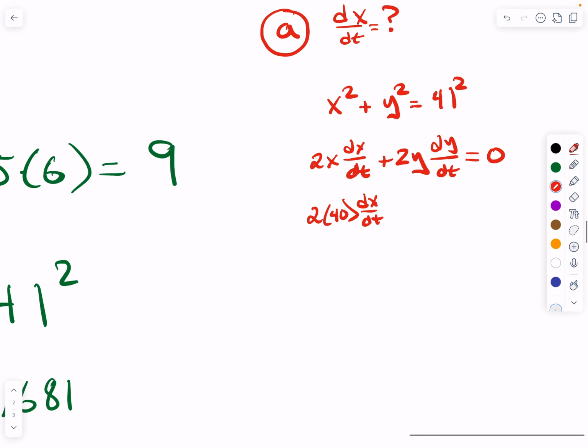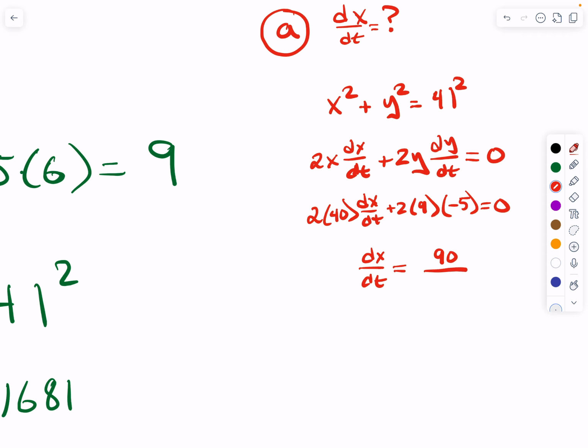So this will be plus 2 times y times -5 feet per minute. Then we're going to just solve for dx over dt. So this is going to be 2 times 5 is 10, times 9 is 90, over 80 feet per minute.